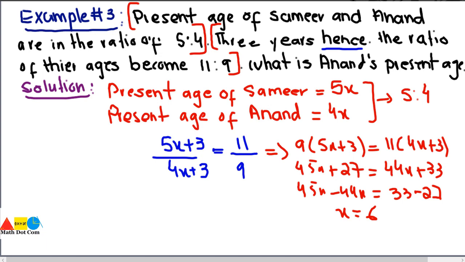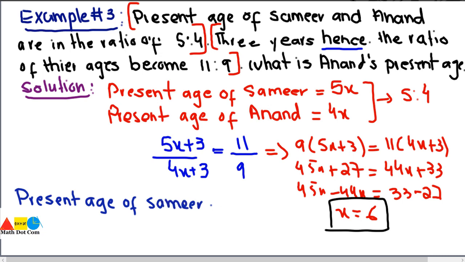So x is 6. Now by taking this x, we can find the present ages of Sameer and Anand. We already have the ages in the form of ratios and we don't have the exact age, so we can find the exact age by putting this value of x here and here.